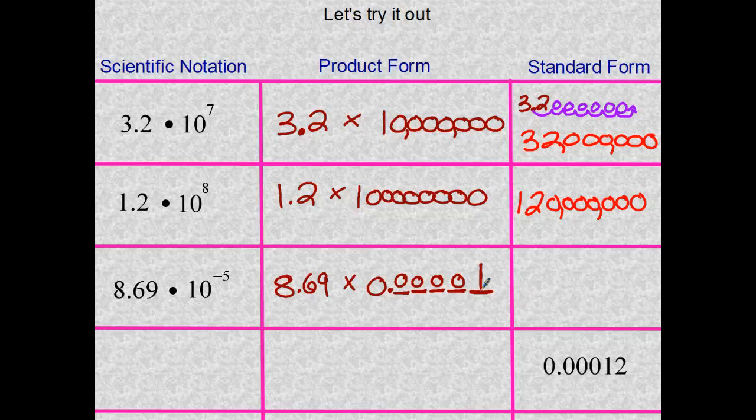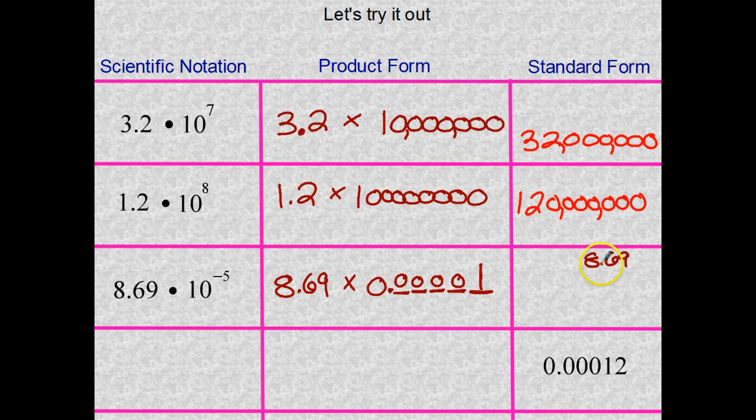All right, now how is that going to look in standard form? Well, we know that this is going to be a very, very small number in this case. The numbers up here are very large, but that negative exponent will crank that thing smaller. Let's see how that looks. Sorry. 8. Let's start that over here. 8.69.